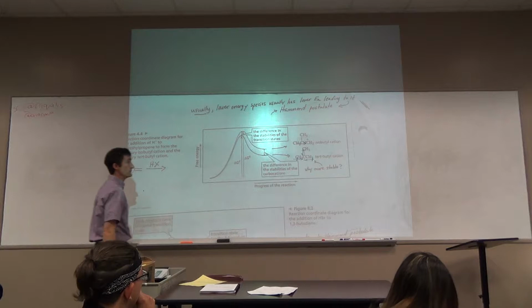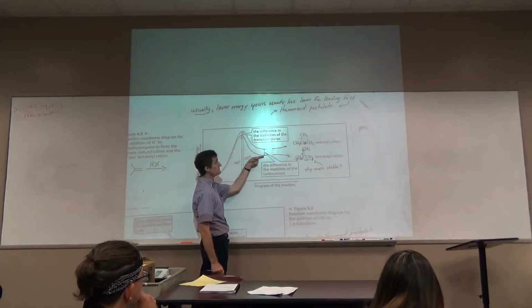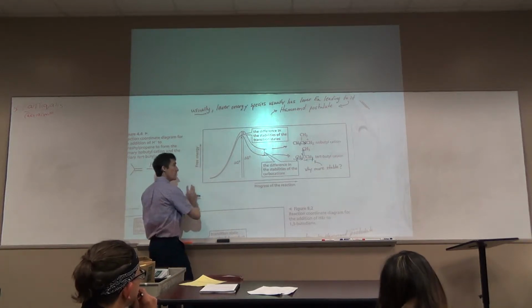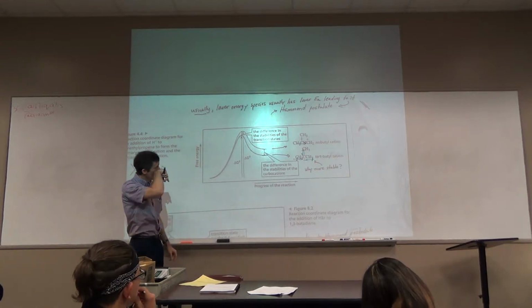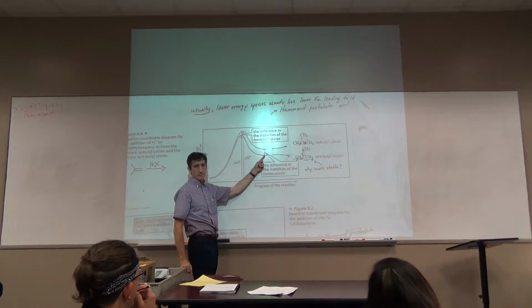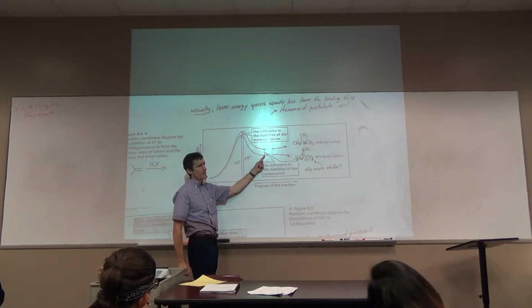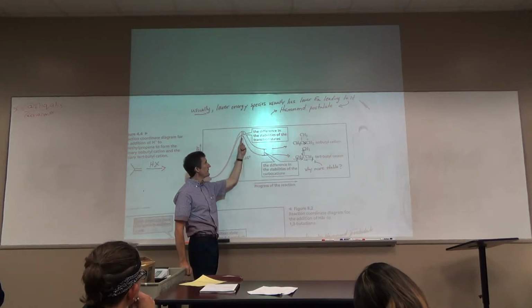It's more stable. Thus, if we plotted it in terms of energy, it would be lower in energy. This reaction can go to, you have a choice. Which one's going to be preferred? The lower one. But why? It's not so much this, it's really that.